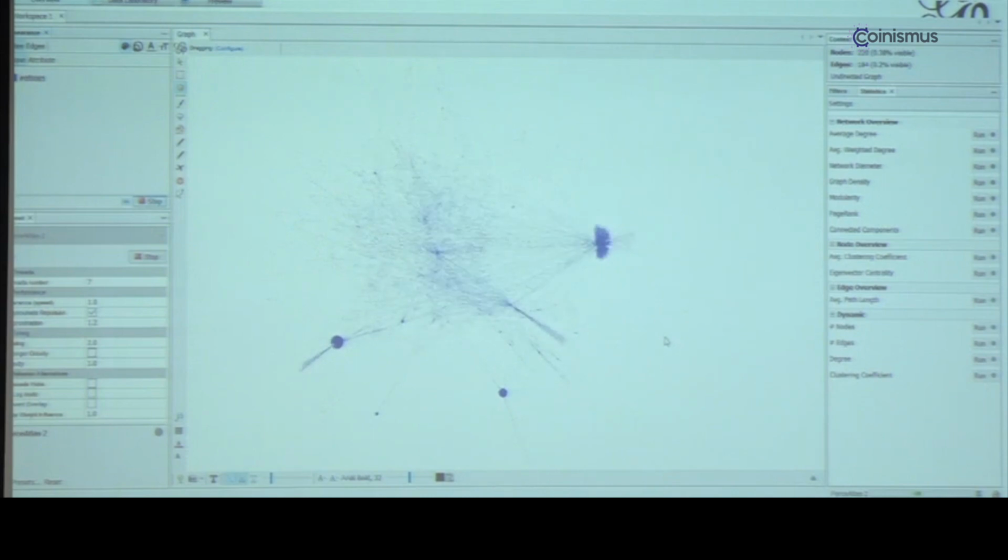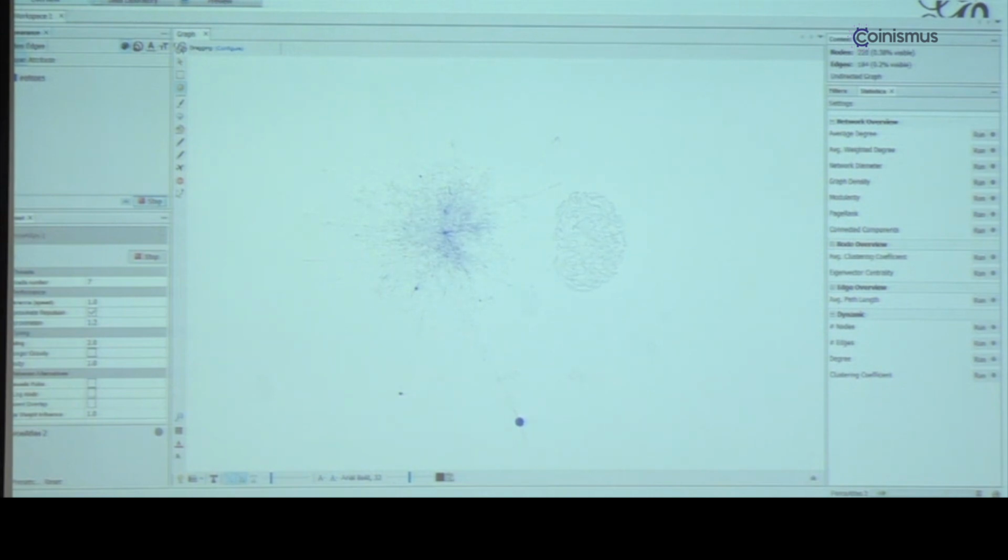Yes, here it is, and look what is happening with this cluster if you move further. Yeah, it transforms into a chain of nodes.